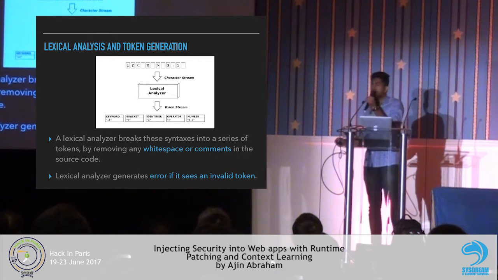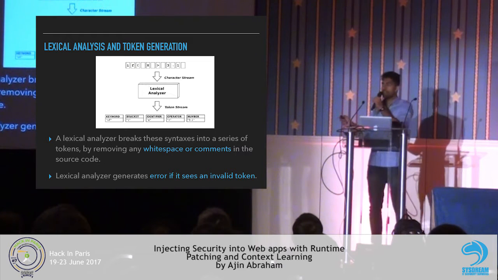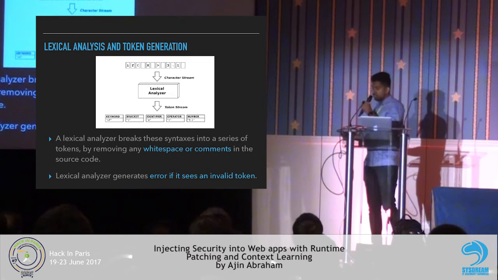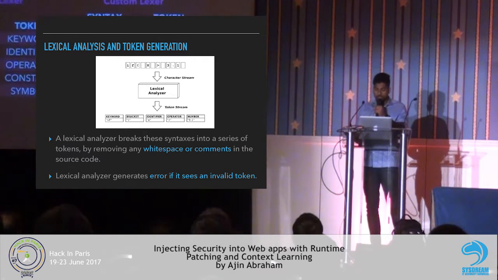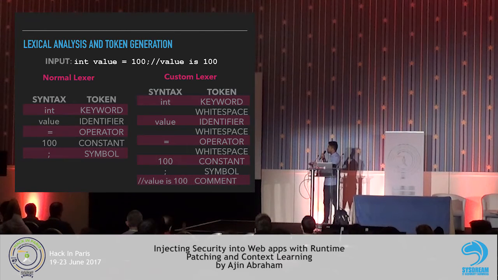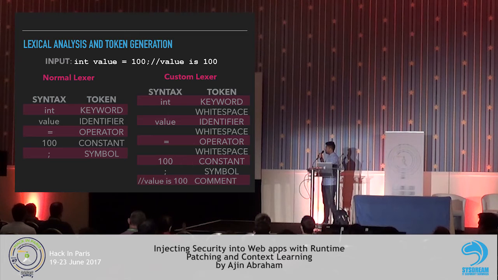Also, it will try to categorize those things that it cannot identify, and it won't generate an error when it sees an invalid token. So take a simple statement, int value equal to 100, with a comment. If you give it to a typical lexer, it will output: int is a keyword, value is an identifier, equal to is an operator, 100 is a constant, and semicolon is a symbol. If you give the same thing to the custom lexer that we'll be using, it also considers white spaces as well as comments. That's the only difference.